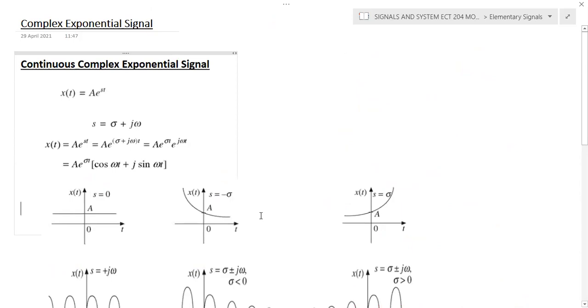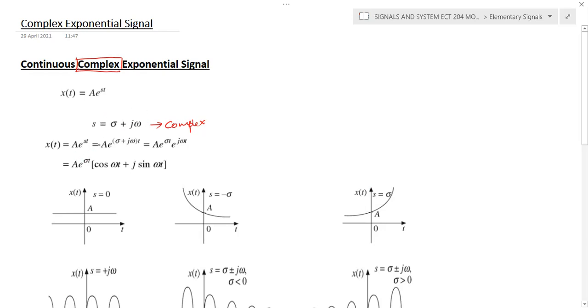Now we will discuss another category, known as the complex exponential signal. In this case, the exponential factor in a e raised to st, this s is a complex value. This is the general equation for an exponential signal where s is a complex number, and the general format is sigma plus j omega, where sigma is a real quantity and omega is the imaginary factor. j omega is the imaginary term.